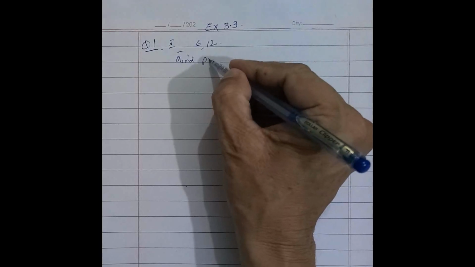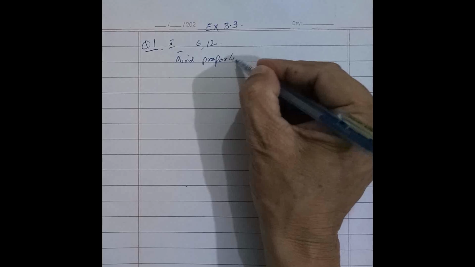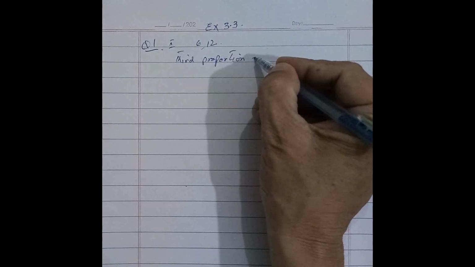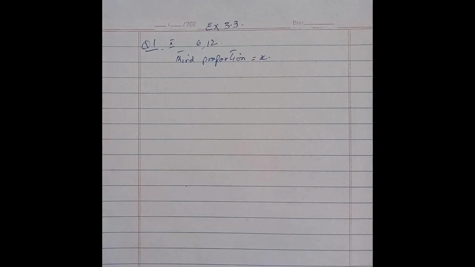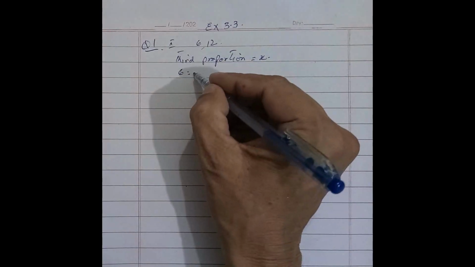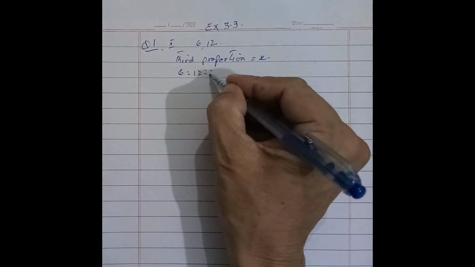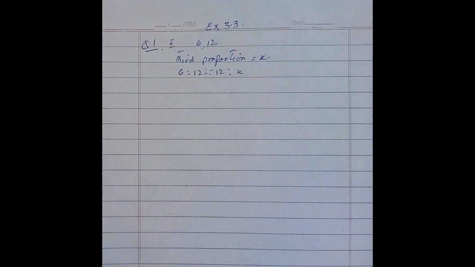Third proportion is equal to x. Now we write it: 6 ratio 12 proportion 12 ratio x.